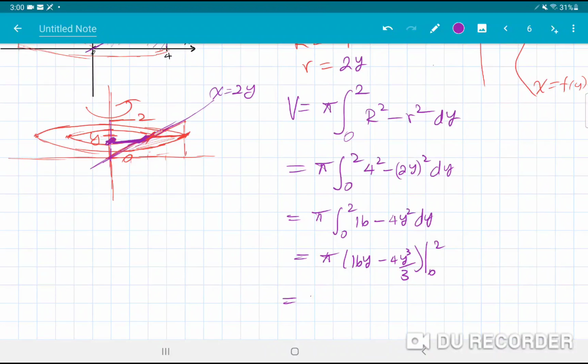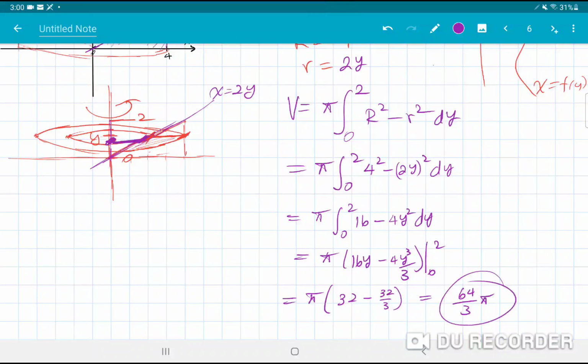When you put 2 in, you get 32 minus 32 thirds, minus 0. So that gives us 64 thirds pi. That's what I think I get.